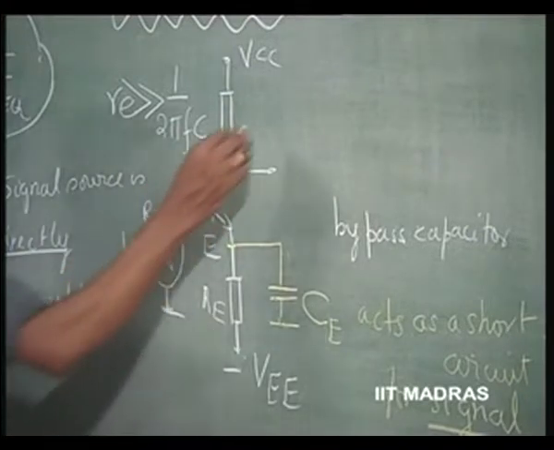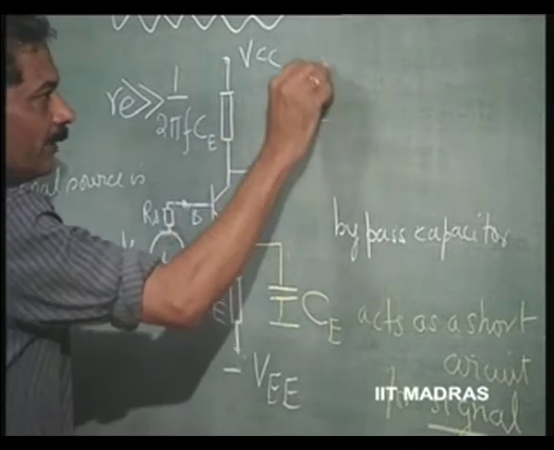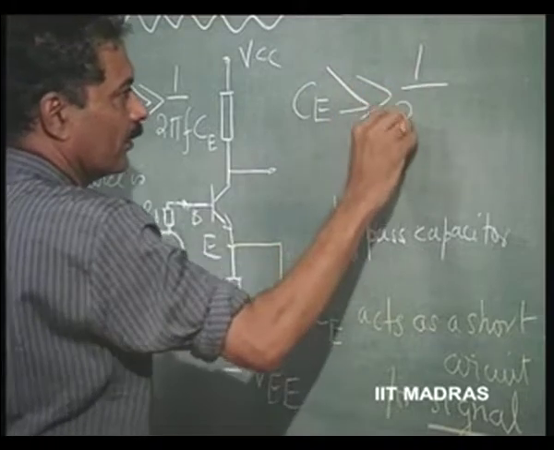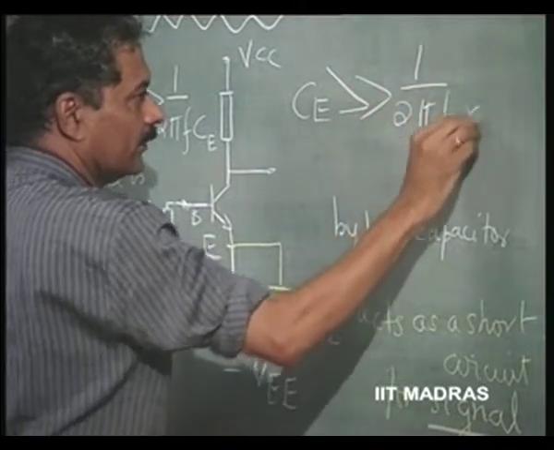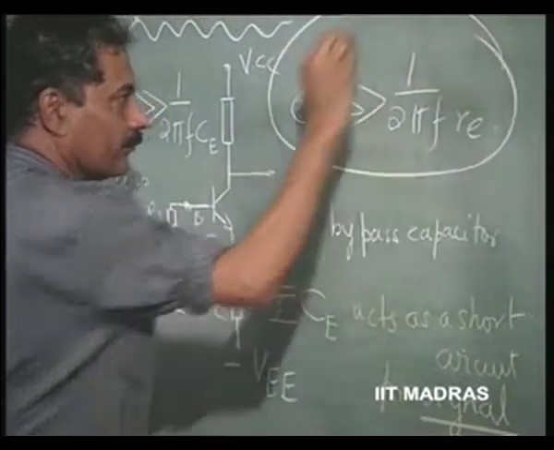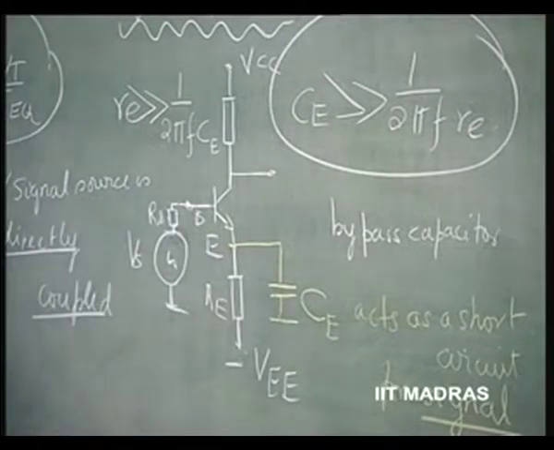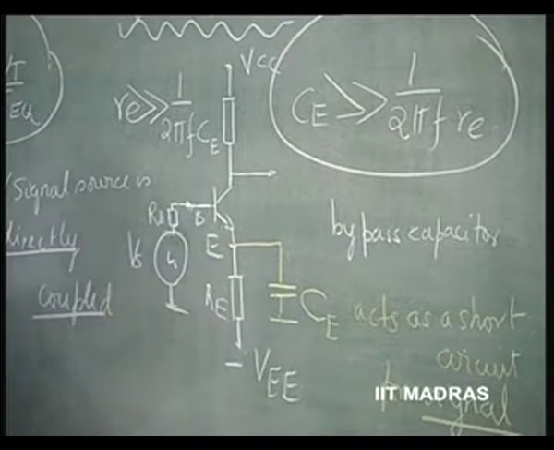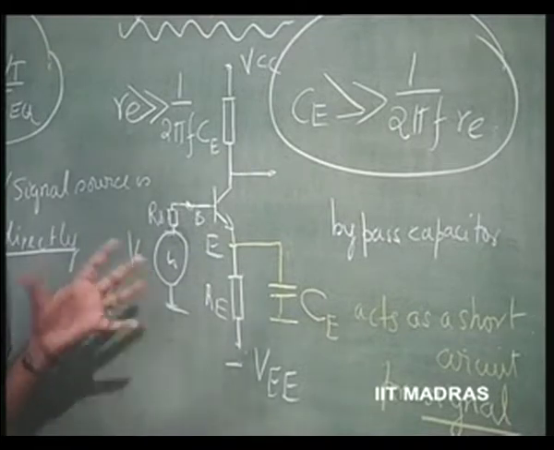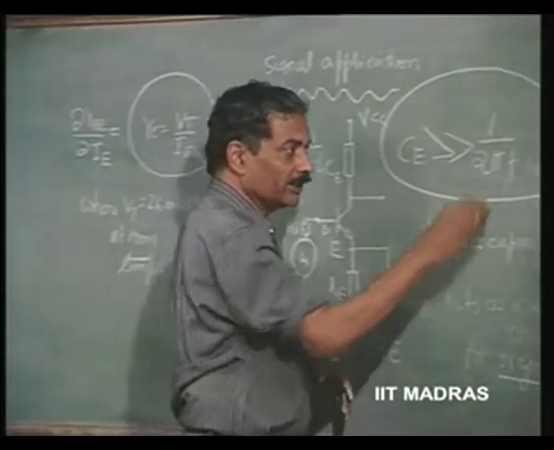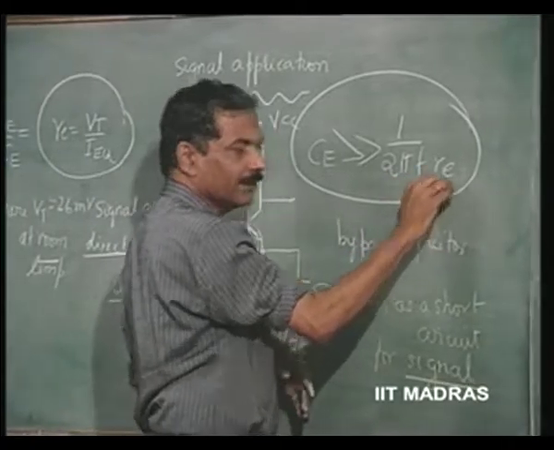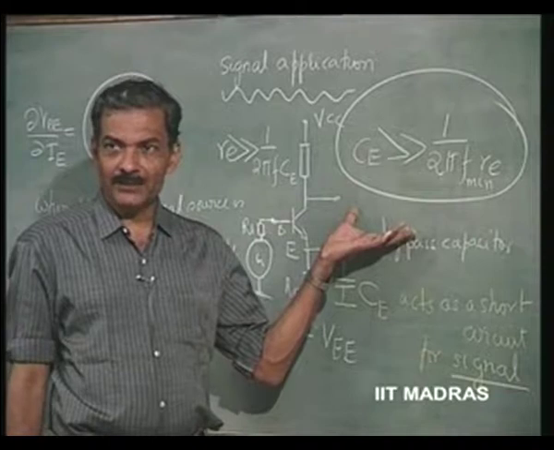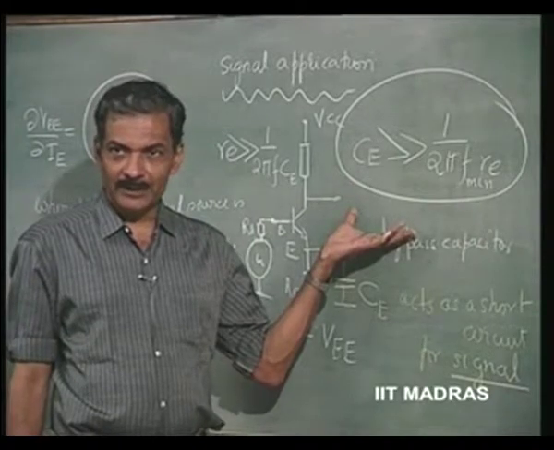So, Ce is going to be chosen to be much greater than 1 over 2 pi f into re. The worst case corresponds to the minimum frequency of use of this amplifier.